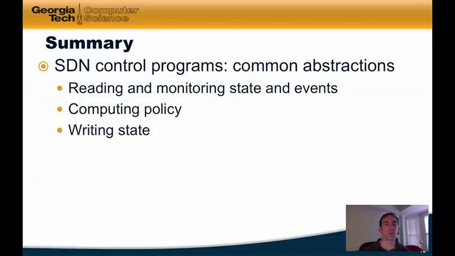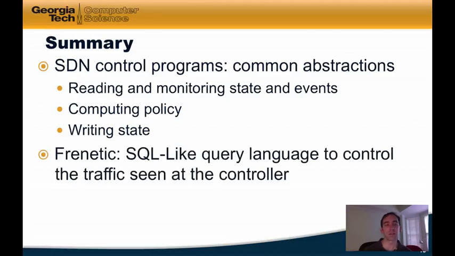In summary, SDN control programs have common abstractions: reading and monitoring network state and events, computing policy, and writing state. In this lesson, we've taken the first step by looking at how an SDN program can read network state.